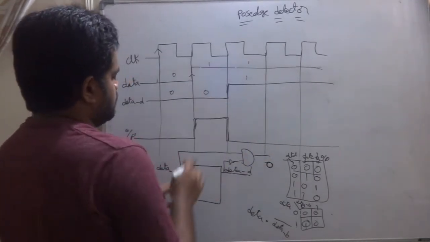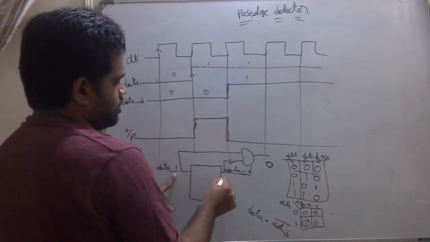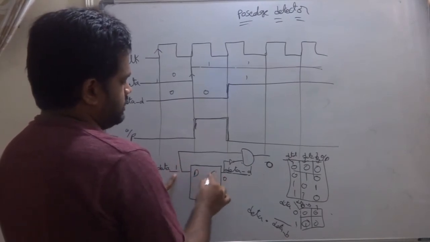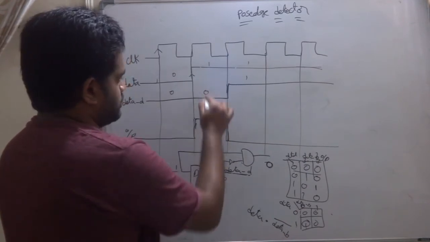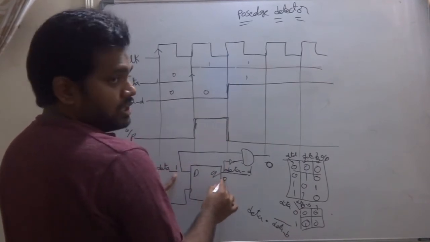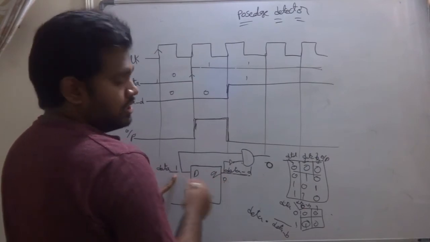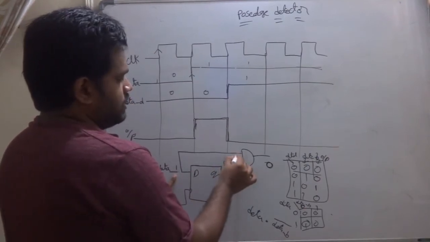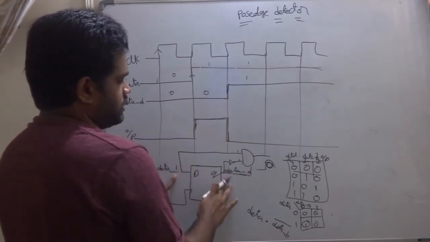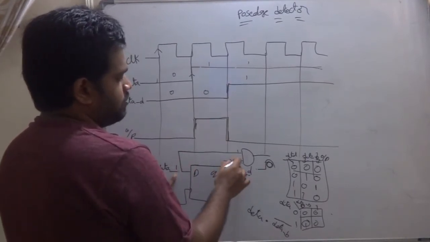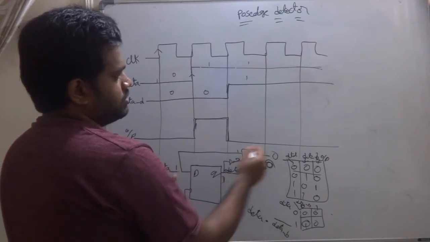Next, 1, 0. Here 1 is there, here 0 I gave. This is DQ, right? Here 1, 0 is there. 1, 0 means what? Here 0 inverted, 1 will come, output will go 1. 1, 1 case: I put 1, 1 here, then here 1 means it automatically becomes 0. 1 into 0 is 0.